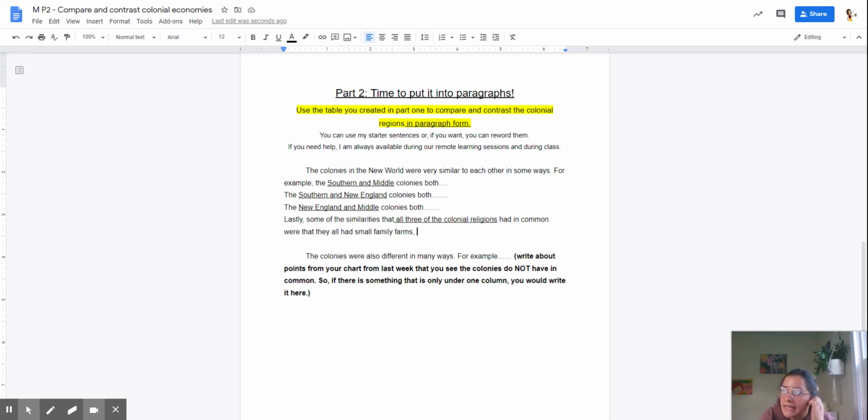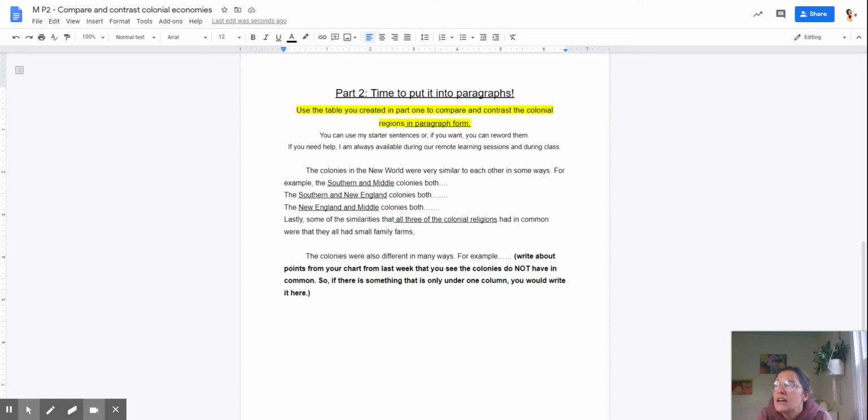What you're going to do is look at what I have on the page, go back to your part one table, look at that table and see what they have in common. You see that they have something in common, you're going to write it in this first paragraph next to the two, or if all three of them have it in common.